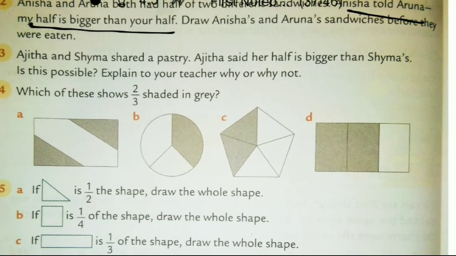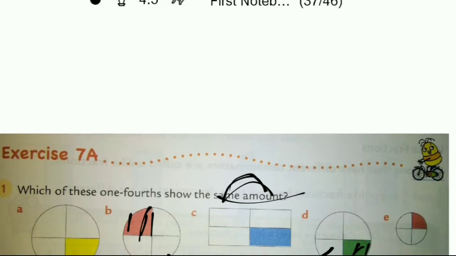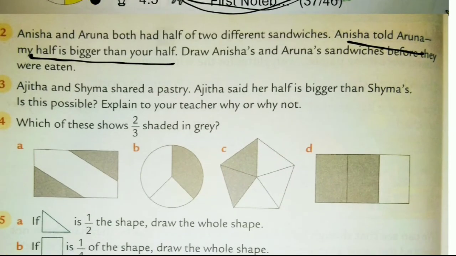Next, Ajita and Shyama shared a pastry. Ajita said her half is bigger than Shyama's. Is this possible? Explain to your teacher why or why not.